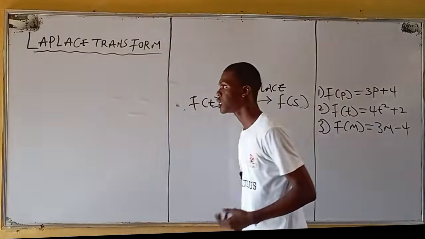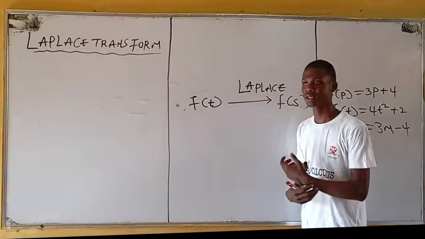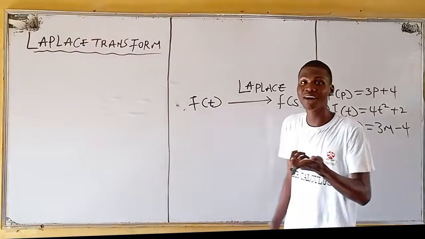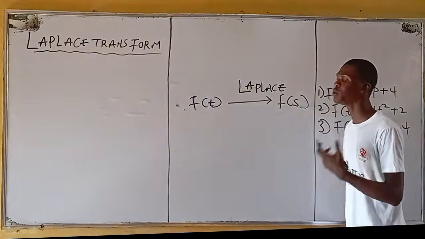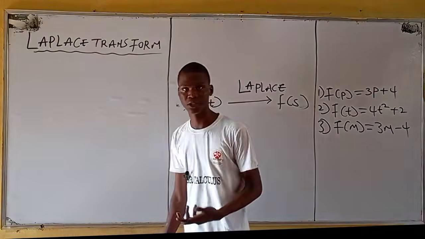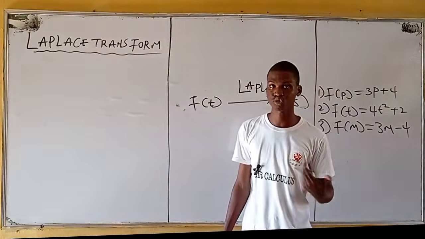How does it work? This whole process, this whole idea, is done with an integral formula. That's why I said, if you are a master of your differentiation and integration, you are good to go.